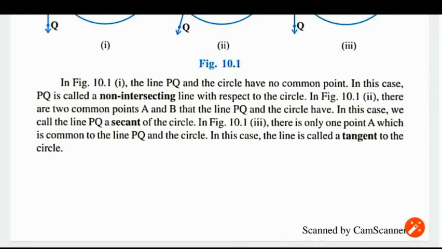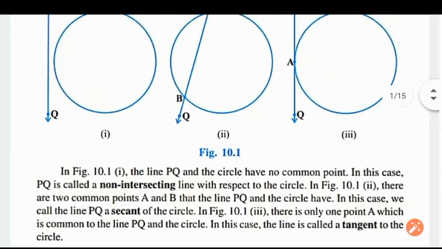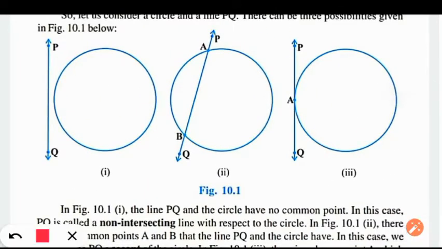So in figure number 10.3, there is only one point A which is common to the line PQ and the circle. In this case, this line is called tangent to the circle. Here, in the second figure, we have two common points between PQ and the circle, point A and point B. But in case of tangent, there is only one common point between the line and the circle, and that common point is A. So when there are two common points between the line and the curve, that line is known as secant.